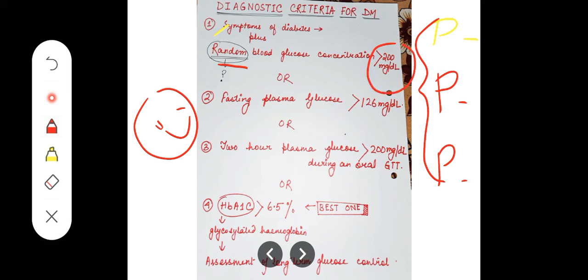Suppose the random blood glucose concentration is 163. Next, you find that fasting plasma glucose is more than 126. Suppose it is 150. So this is a dummy case, but I want you all to understand the diagnostic criteria properly.